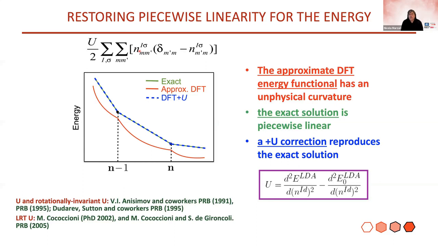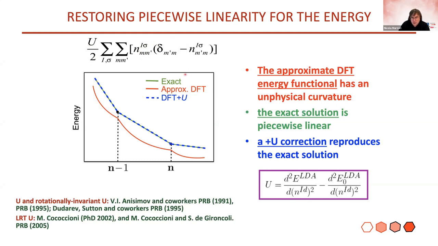So we are looking at the population of, say, an atomic manifold like the 3D orbitals of iron. What this term is doing is really in the form of occupation times 1 minus occupation. So it's removing a term that is quadratic in the occupation and is adding a term that is linear in the occupation with a certain strength U.